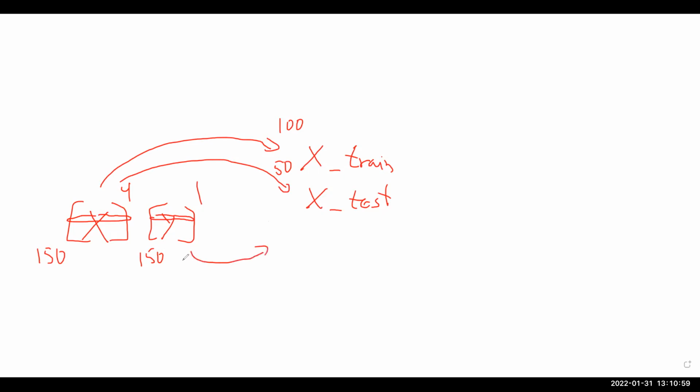But the function takes care of that, and it creates Y train and Y test. So they correspond. X train and Y train go together, and X test and Y test go together. One has the corresponding labels of the other.